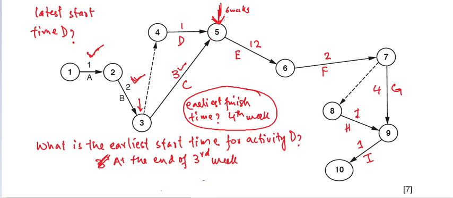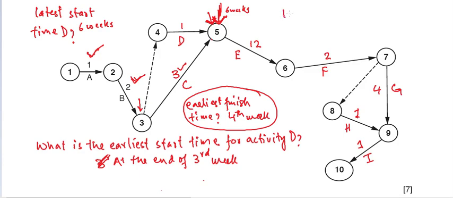At this point, after 6 weeks, we want activity D to also have finished by then, which means the latest time for activity D to finish is what? 6 weeks. At the end of 6 weeks, activity D should be complete, right?